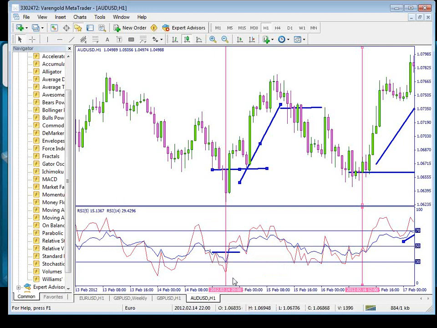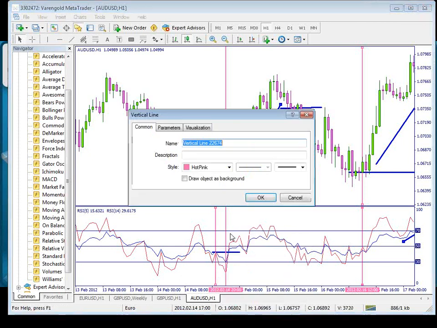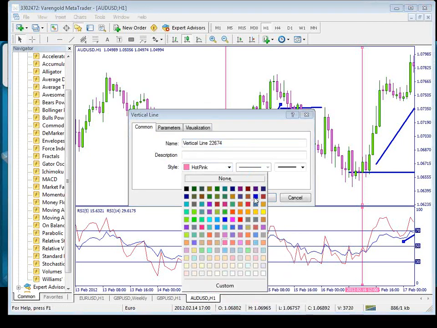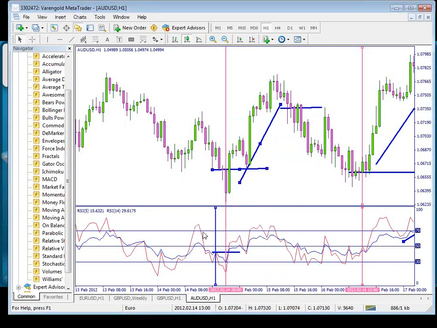We have into 1 hour chart one signal here. I will change the color to be easier for you to make the difference. So between those two signals for buy that we have into 4 hour chart, we have several signals into 1 hour chart.